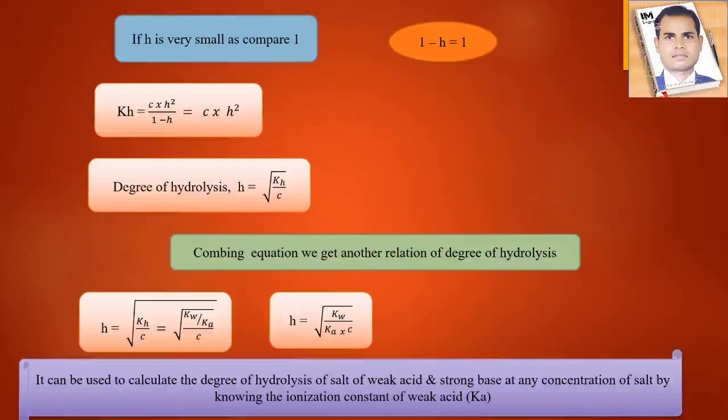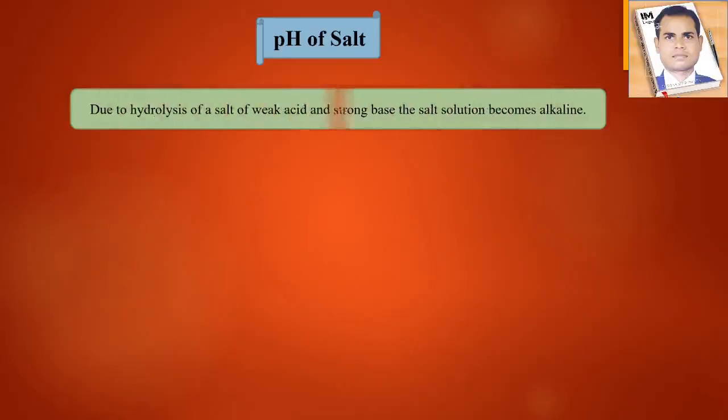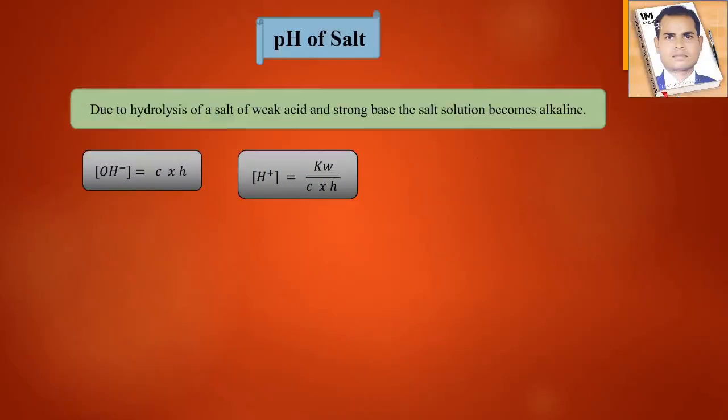Now we have to see what the pH will be for a salt of a weak acid and a strong base. Due to hydrolysis of the salt of a weak acid and strong base, the salt solution becomes alkaline. That means the OH minus ions will be more.